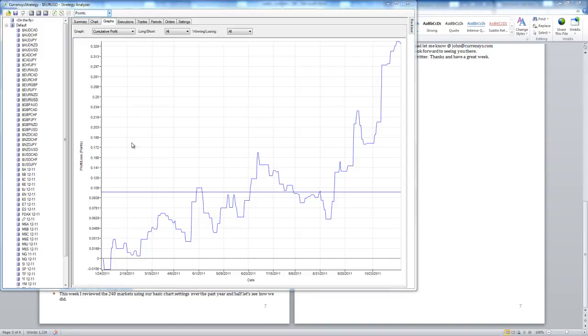When I was talking about, here's a cumulative profit graph, when I was talking about from April in this section through August, September, in through this period, we're kind of flat.